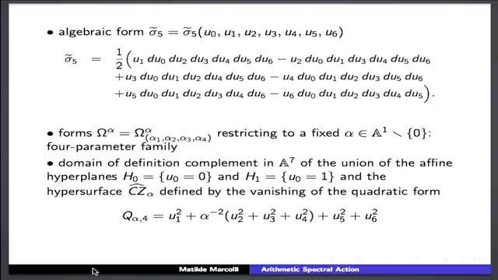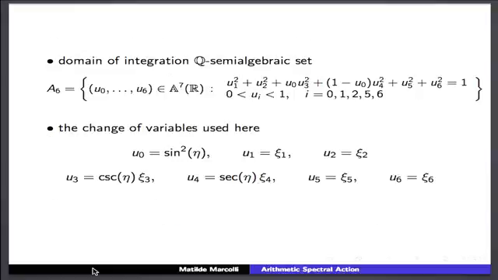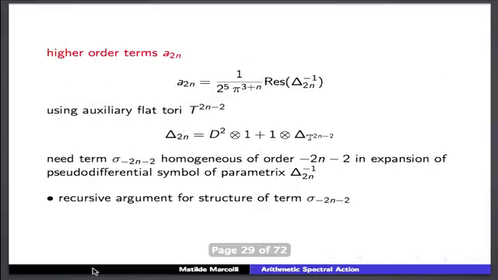The differential form is defined on the complement of a quadric, the vanishing of this polynomial, and two hyperplanes. Again, the domain of integration is one of these semi-algebraic sets defined by polynomial equalities and inequalities. Everything has rational coefficients, so it's algebraic, and this again comes from a very simple-minded change of variables from trigonometric to algebraic functions.